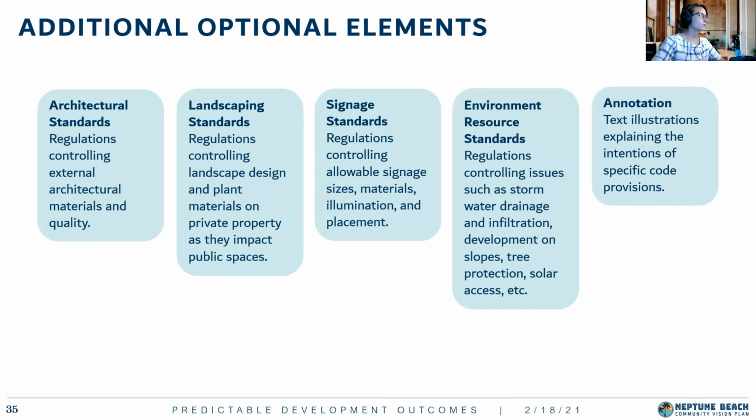The first one, which is worth noting, is architectural standards. These are standards above and beyond the building form standards that apply to any given transect zone that will actually control the architectural style. A lot of times in building form standards, we're talking about the relationship of a building to the street, the overall form and massing of the site, but we're not necessarily getting into architectural style.